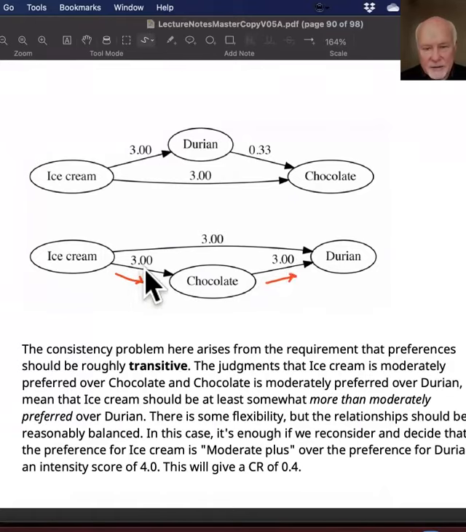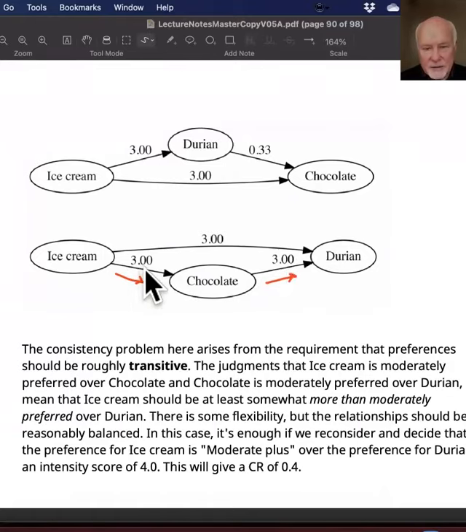So the combination of a moderate preference here and a moderate preference here should be a fairly strong preference for ice cream over durian, stronger than 3, stronger than moderate. They don't necessarily add up or exactly multiply, but if we accept these two, the ice cream to chocolate and the chocolate to durian, then we really need to have something at least a bit bigger here than 3. That can't just be moderate as well.